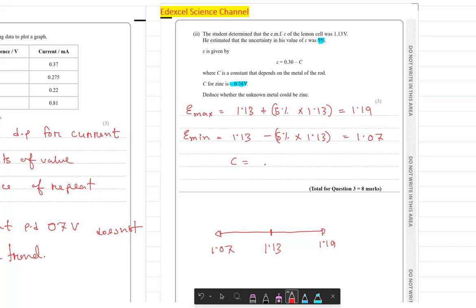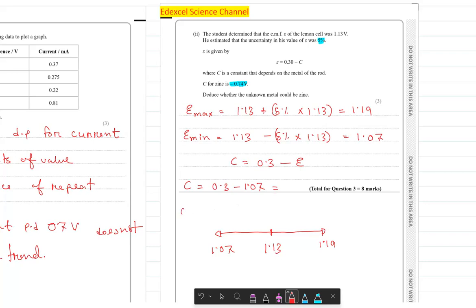Now I will rearrange my equation to make C my subject since I have to find out C, right? So C is basically 0.3 minus the EMF. So one possible value of C is 0.3 minus the minimum value.